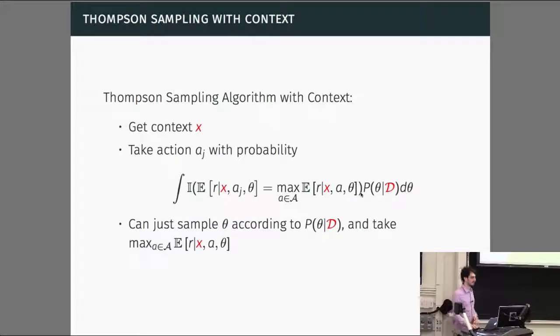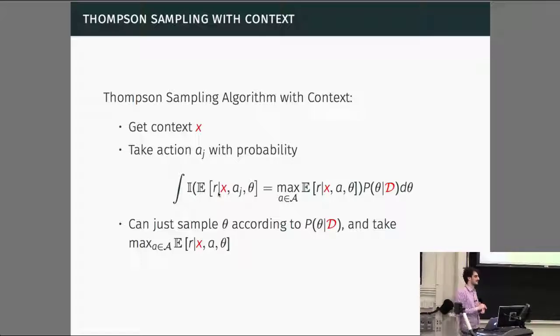Okay, and the last thing to look at is how we would modify Thompson sampling if we're given context. There it's actually even more simple. So we assume we're given some context x, and all we do is take the action a_j with probability, with the same expression as before, except that we're going to condition over the context. So we're going to assume our probability distribution of rewards is just conditioned over the context.